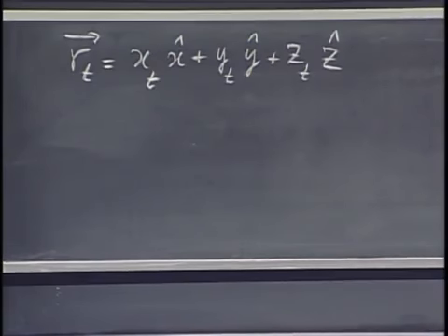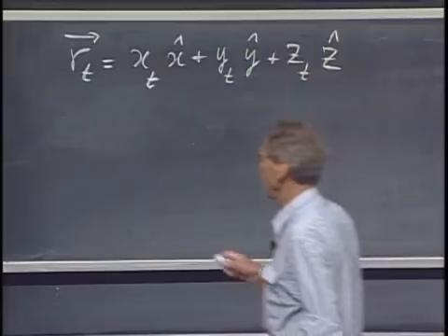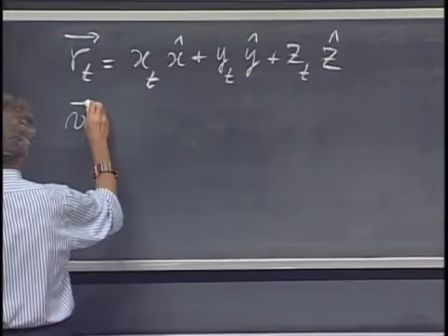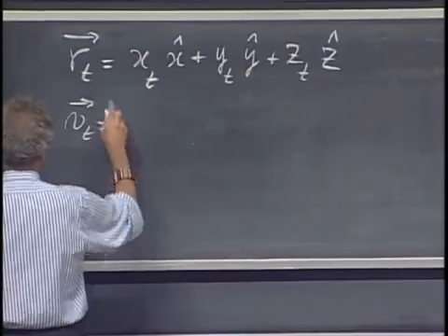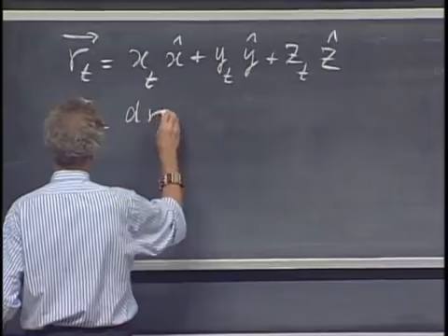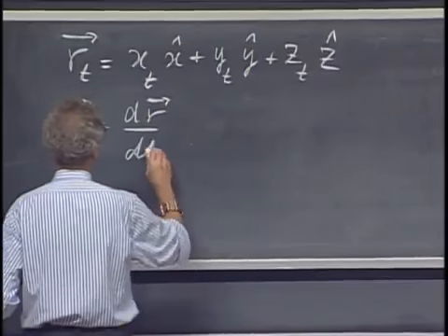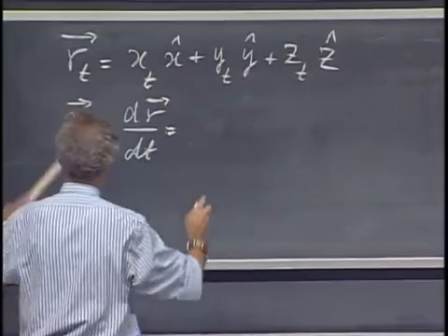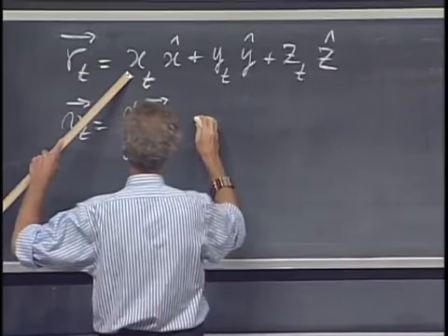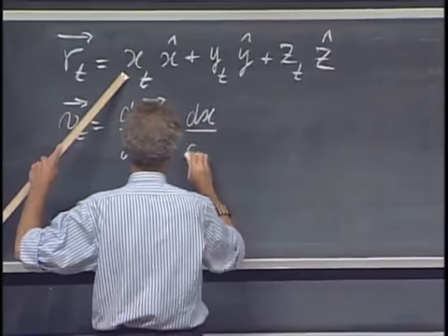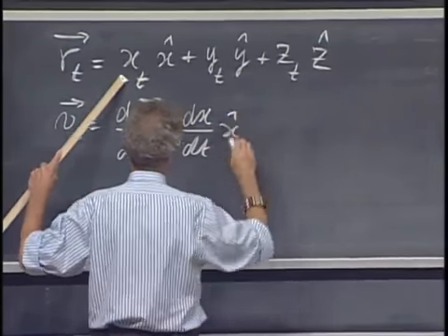What is the velocity of this particle? Well, the velocity is the first derivative of the position. So that is dr dt. First the derivative of this one, which is dx dt, x roof.